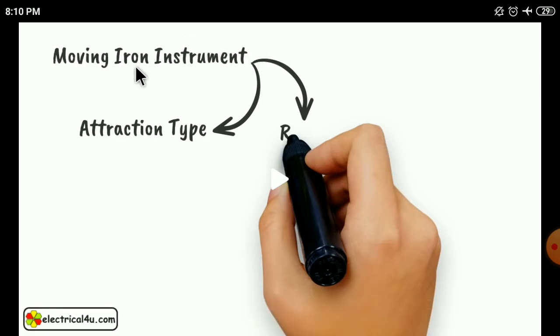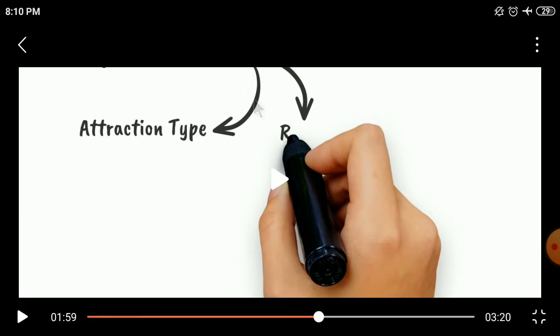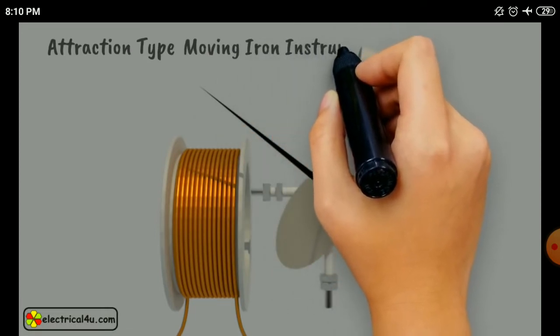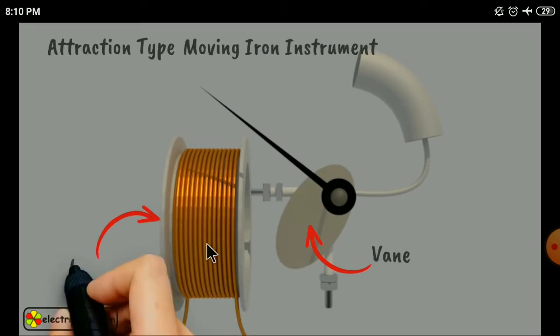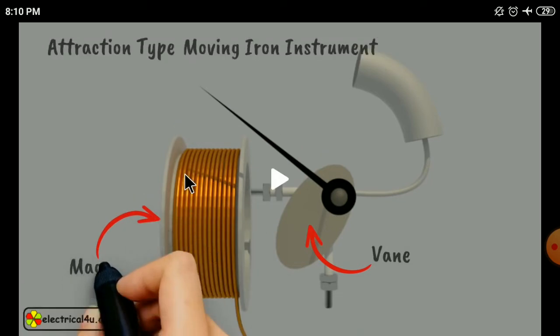Okay, these are the types of moving iron instrument: attraction type and repulsion type. We saw the attraction type moving iron instrument. In the attraction type, a moving piece of soft iron vane is placed nearer to a magnet so that it would be attracted by the magnet. This is the coil, this is the spindle, this is the pointer, this is the vane.